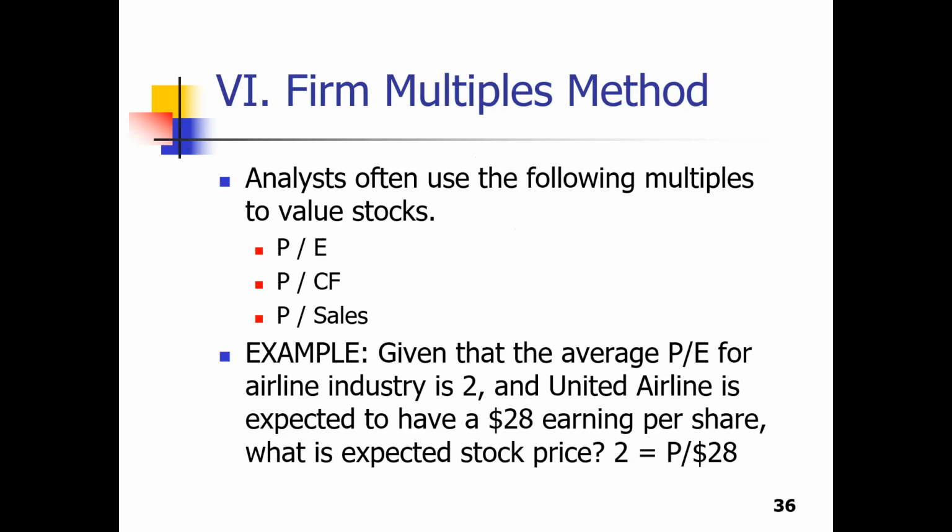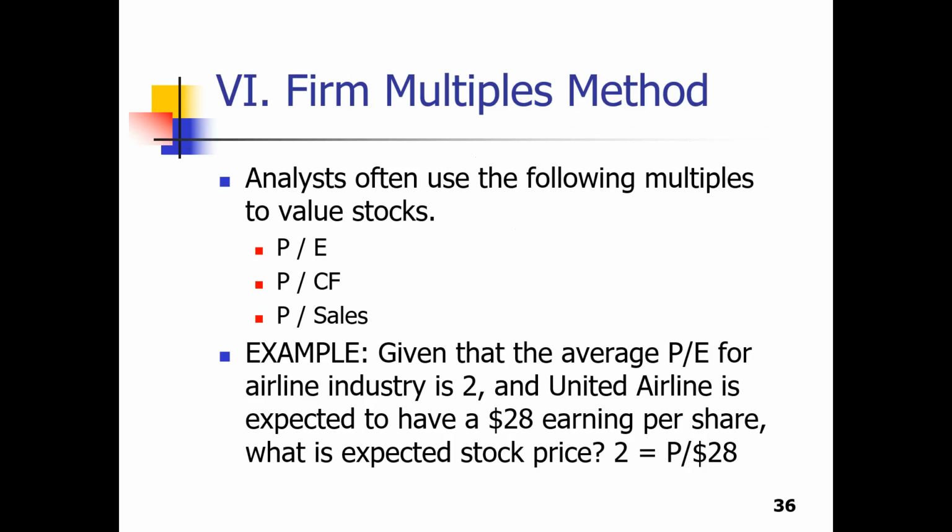Here is an example. Given that the average PE ratio for the airline industry is 2.0, and average PE ratios are given by data providers for every industry. And United Airlines, an American airline, is expected to have $28 earnings per share. This is also easy for you and I to calculate.